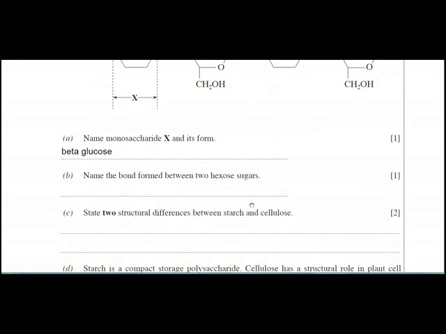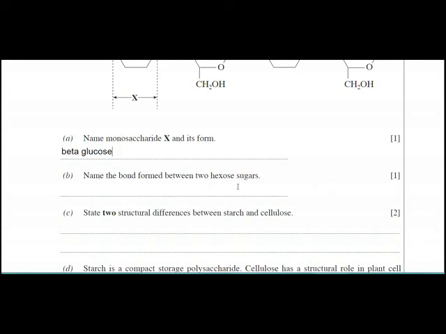If we move on now to part B, it's asking you to name the bond formed between the two hexose sugars. I just want to underline hexose sugar and explain exactly what that means. Hexose sugar is a term I've talked about in the notes that I've produced.